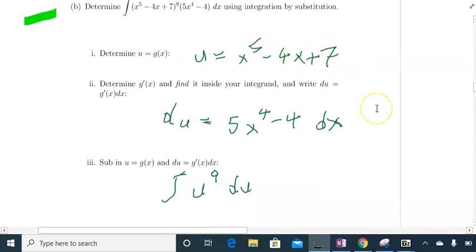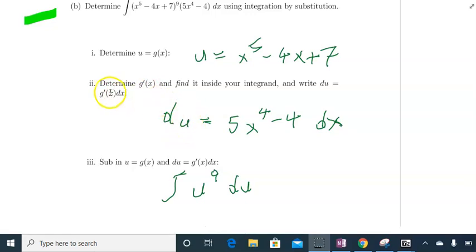Now determine g prime of x, or your du. G prime of x would be 5x to the 4th minus 4. So your du would be equal to 5x to the 4th minus 4 dx.